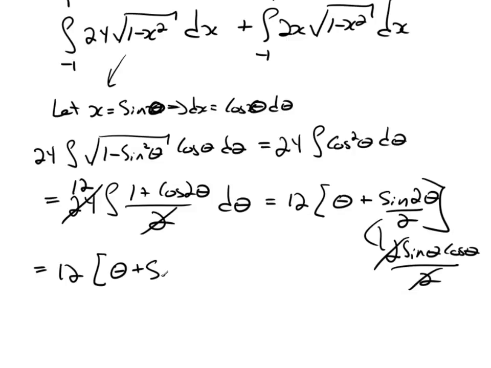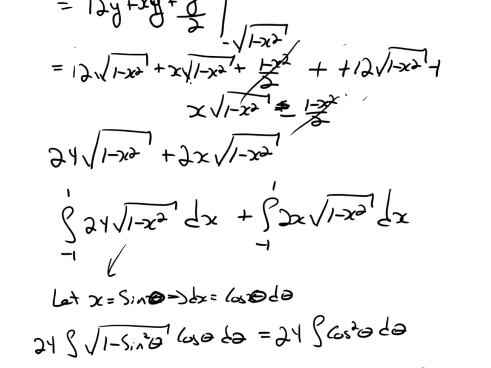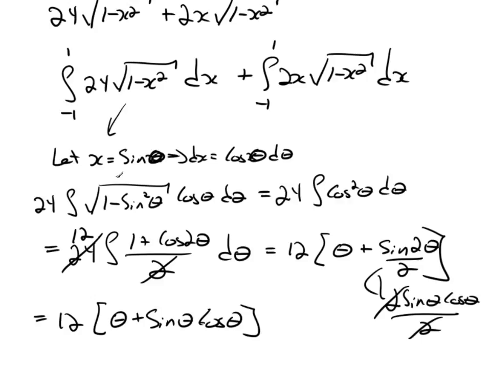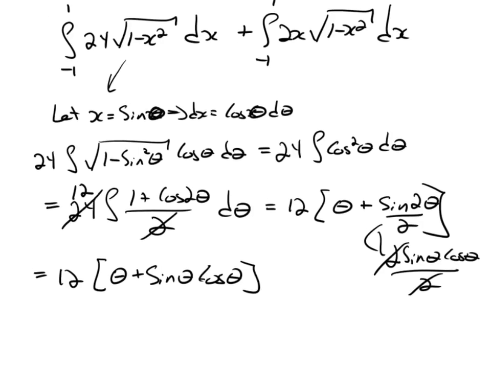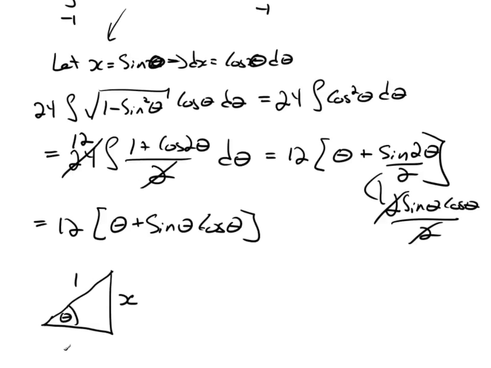So this is just sine theta cosine theta. Now up here, where was it that I did that trig? Here. I said x is equal to sine theta, right? Well, if I draw my triangle, here's theta. Sine theta equals x. That means this is x over 1, which means this is the square root of 1 minus x squared.